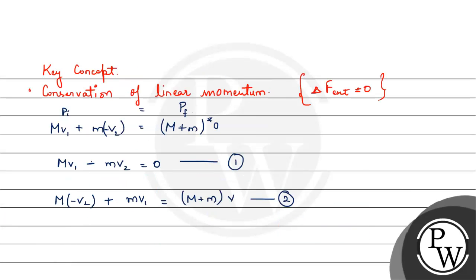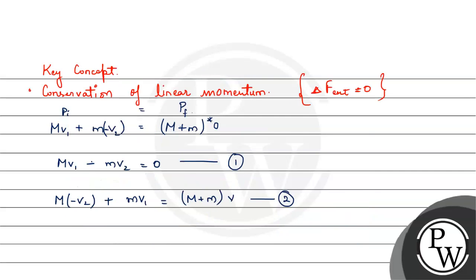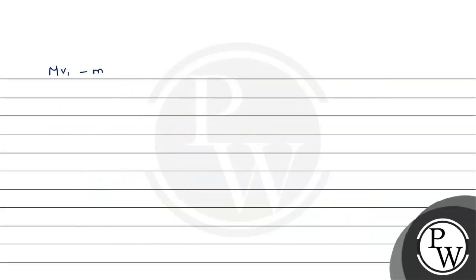We get capital M v1 minus small m times v2, which is capital M v over M minus m, equal to 0. Solving it, we get v1 into M square minus M m, minus M m v, equal to 0.